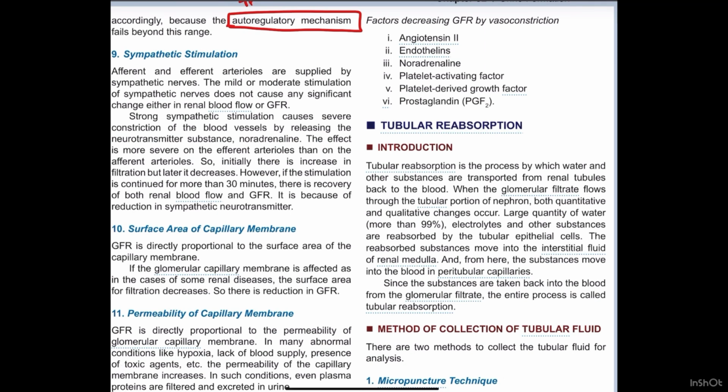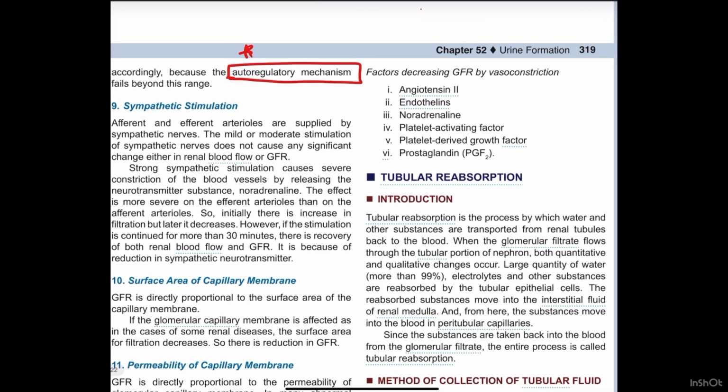The sympathetic system mainly acts on constriction and relaxation of the blood vessels and all those things. You know very well that the ANS, the autonomic nervous system, is divided into the sympathetic nervous system and the parasympathetic nervous system.